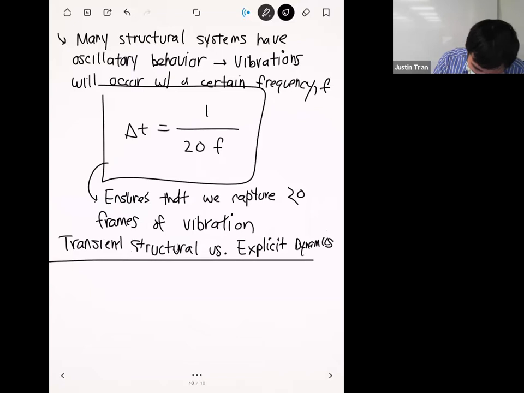Okay. And so let's talk about the differences between them and what situations you would use one or the other, because they're both good, and you can use them both for dynamic situations. But because of the way each of them is implemented, one's better for some things and the other one's better for the other ones. Okay.